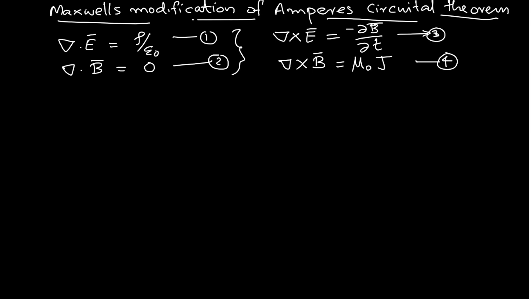We have del cross B is equal to mu 0 J from Ampere's theorem.